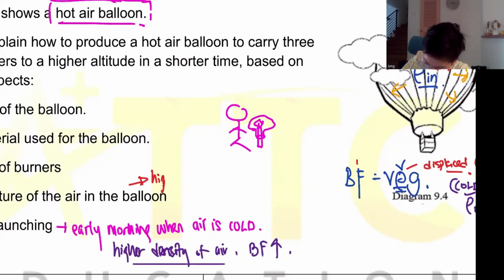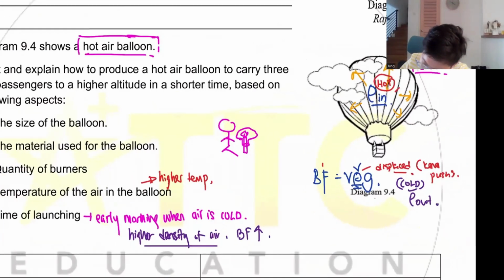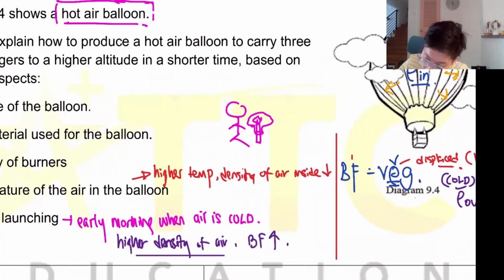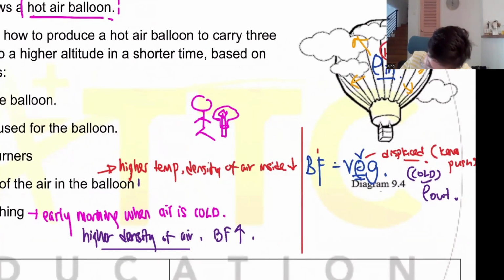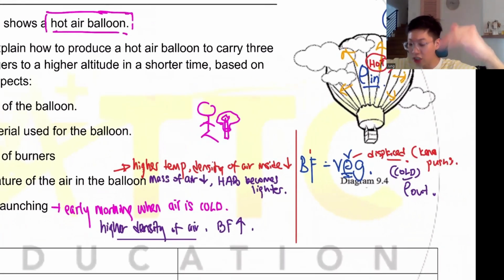Why? So that the density of air inside decreases. If the density of air inside decreases, the mass of air decreases, so your hot air balloon becomes lighter. So when we put hot air inside, we are actually trying to make the hot air balloon lighter.